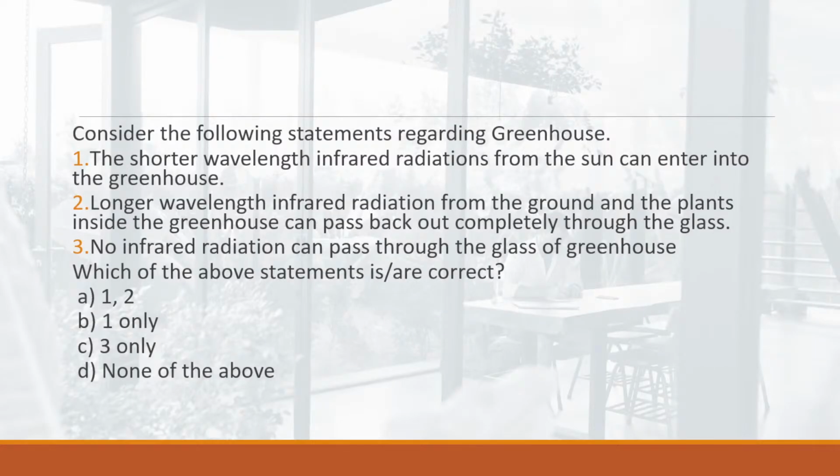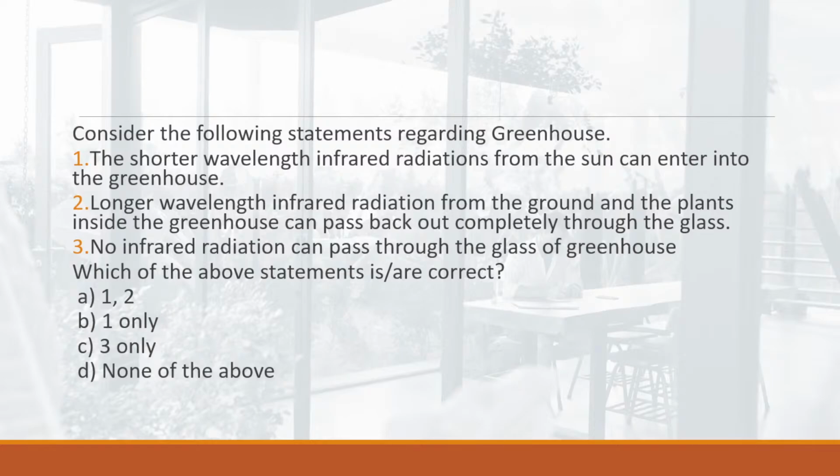Moving to the next question, here also 3 statements are given about greenhouse. There is a difference between greenhouse effect and greenhouse. The terms greenhouse and greenhouse effect have 2 different meanings, and we are talking about greenhouse.